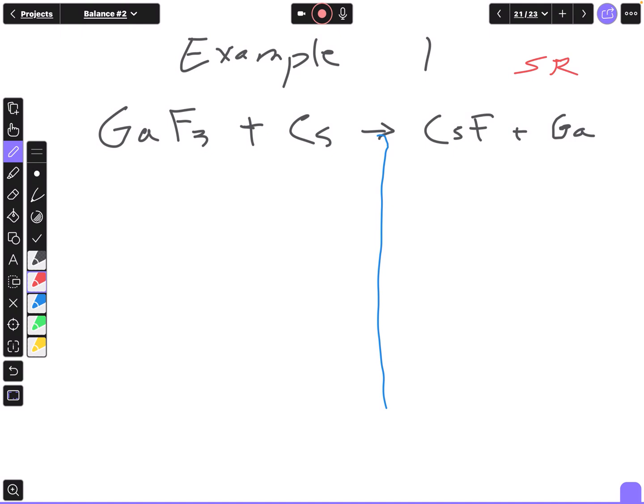Now, to balance this, according to the law of conservation of matter, I need to get the same number of atoms on each side. But I got to count how many is here now. I got gallium that makes this up, fluorine, and cesium. That's the 3 elements in this reaction.